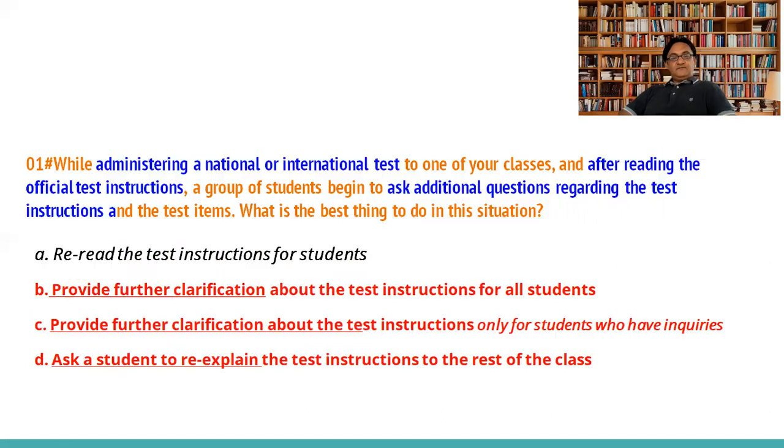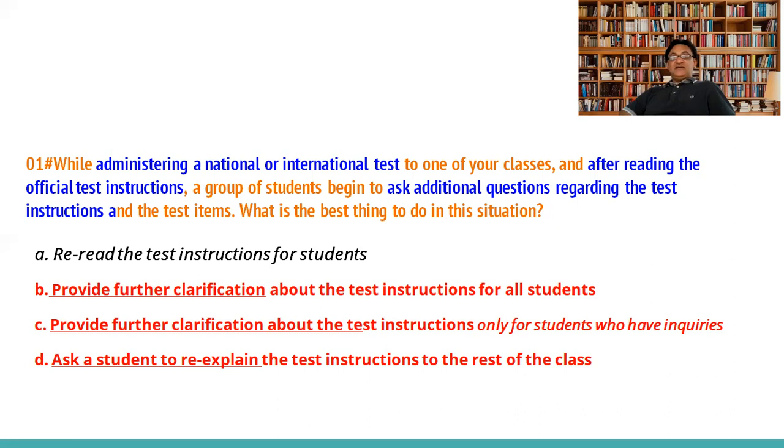Second, C: provide further clarification about the test instruction only for students who have inquiries. If there's an error, it can be for all, but there will be no individual favoritism in the test. This is the second point, so C is also wrong.